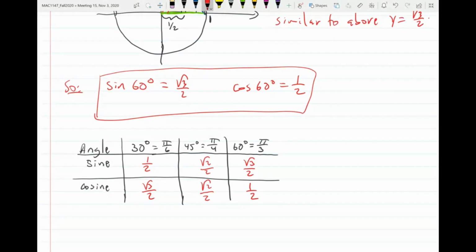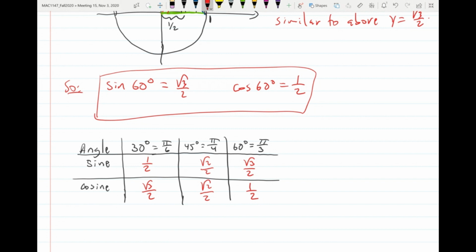We're going to look at these properties later. 30 and 60 have the property that their sum equals 90 degrees, so those angles are called complementary angles. There is a theorem that says cofunctions of complementary angles are equal. Sine and cosine are cofunctions, that's why it's called cosine.